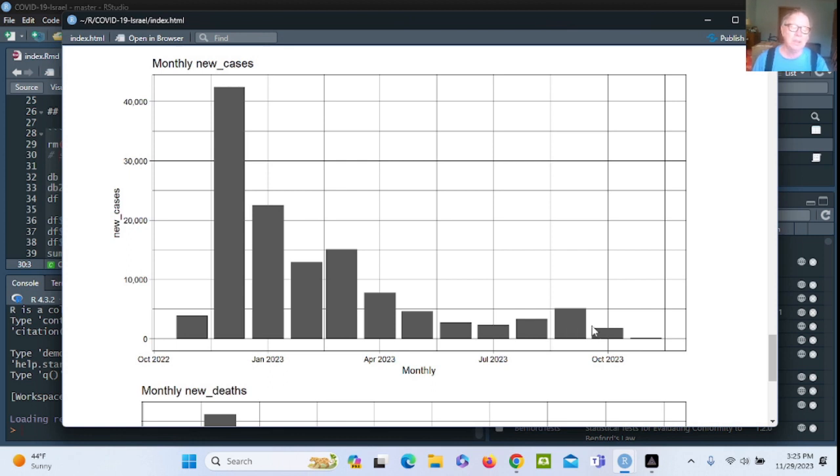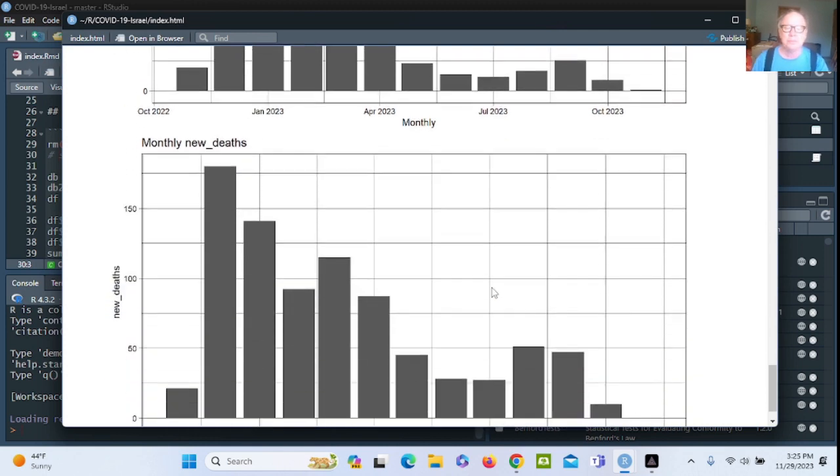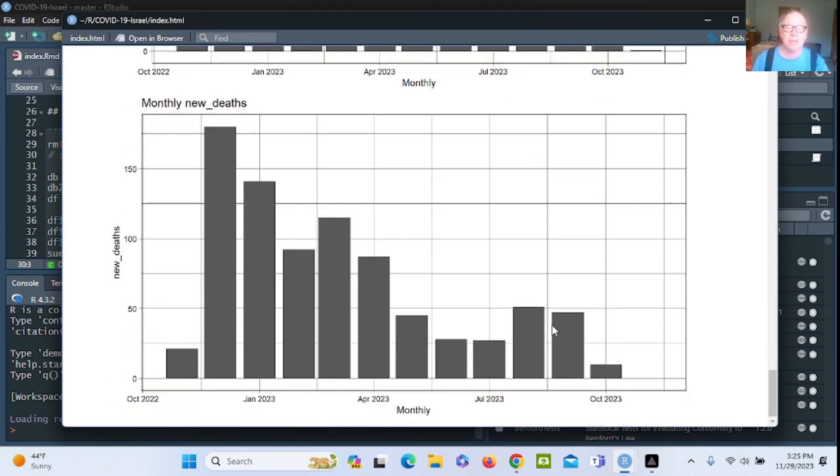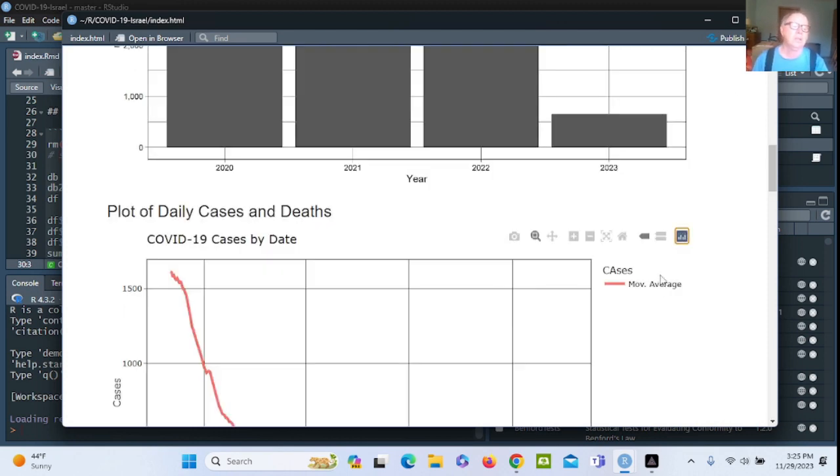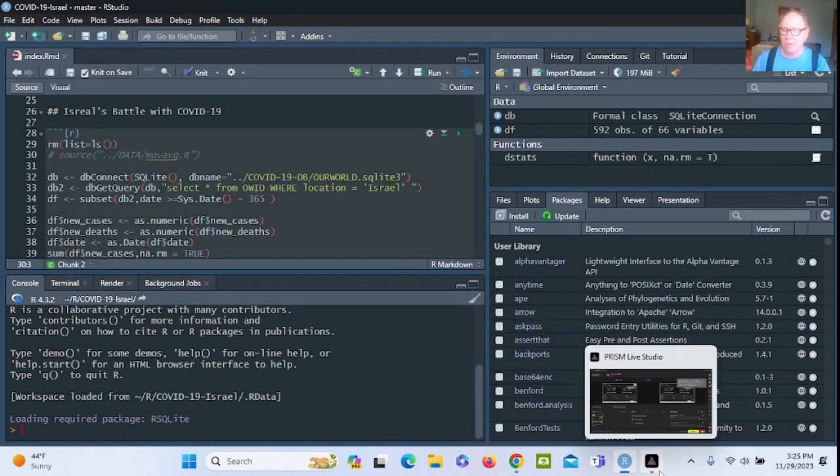October was there for cases. Again, deaths over here. For August and September, you can see the deaths for the month were reported under 50. Okay. That concludes our COVID-19 reports for today.